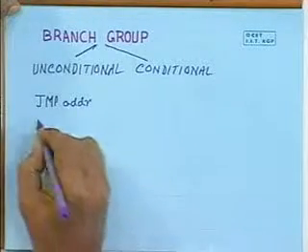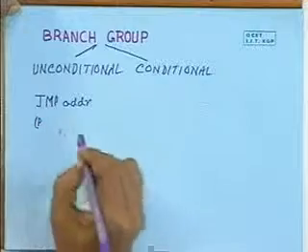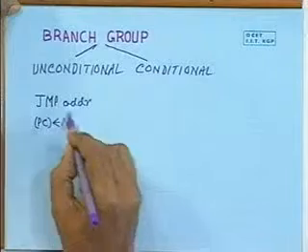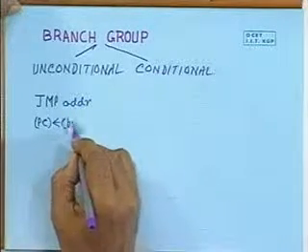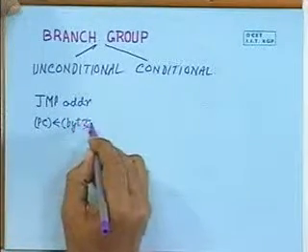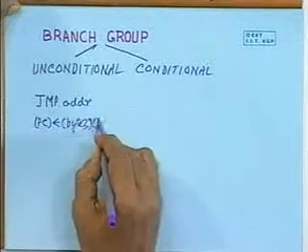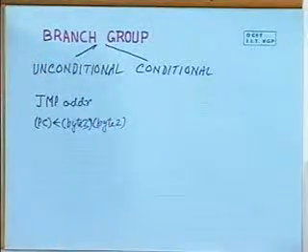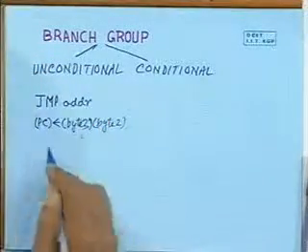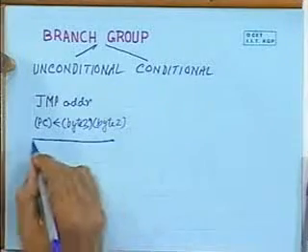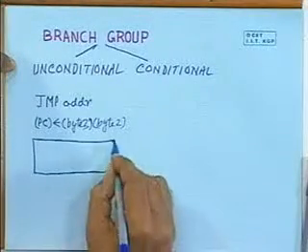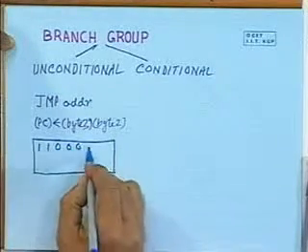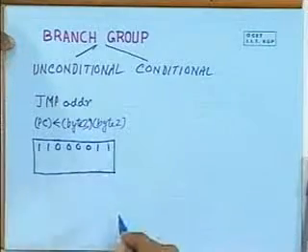What it does is load the program counter with the value provided by this instruction, byte 3 and byte 2. So byte 3 and byte 2 are provided as part of the instruction in this way. This is the instruction format: 1 1 0 0 0 0 1 1, this is your opcode.